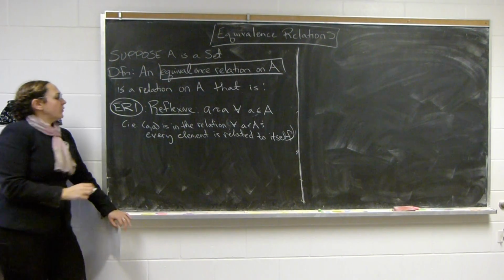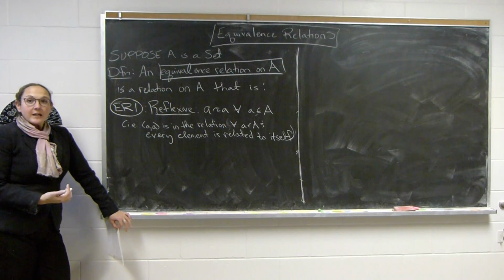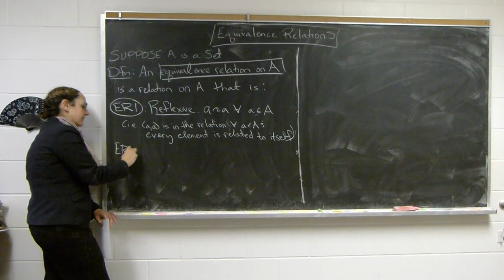And if you think about it for a moment, you can definitely think of relations for which this is not true. Okay, 1 is not less than 1. And there will be more examples like that in the next piece.